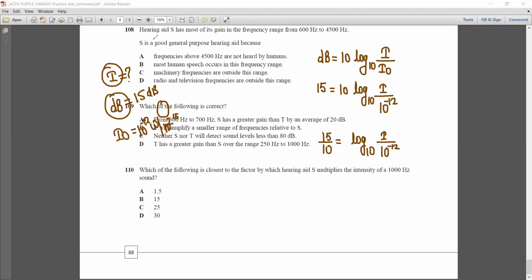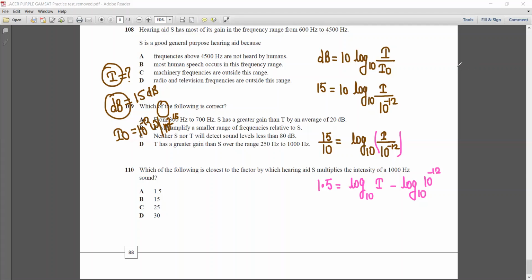For this second term, I can apply the approximation of log m over n. So I can write 1.5 equals log base 10 I minus log base 10 of 10 raised to the power minus 12.